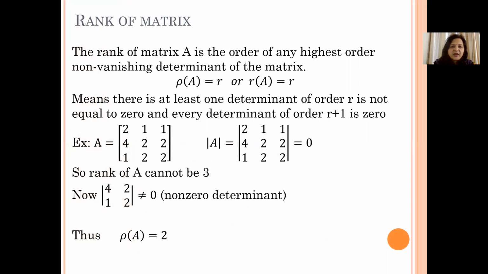Now the rank of matrix A is the order of the highest order non-vanishing determinant of the matrix. And we denote it by the symbol rho. So rho of A is R. It means there will exist at least one determinant of order R that is not equal to 0, and every determinant of order R plus 1 is 0.